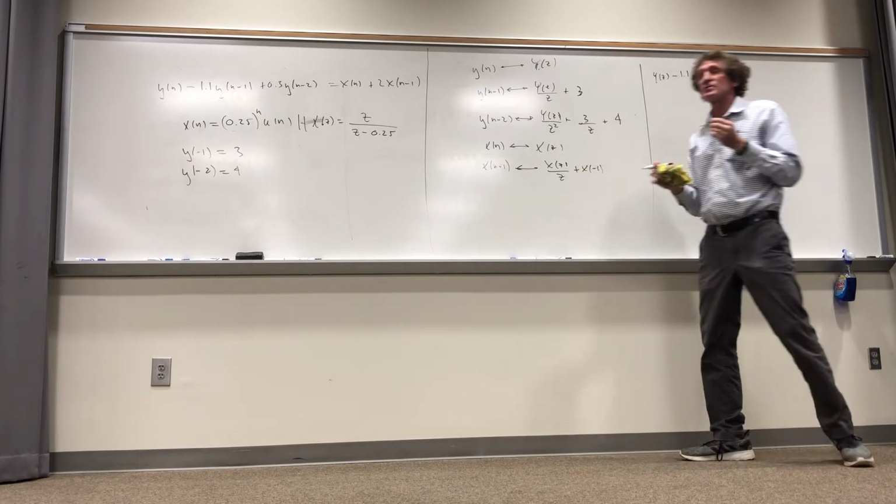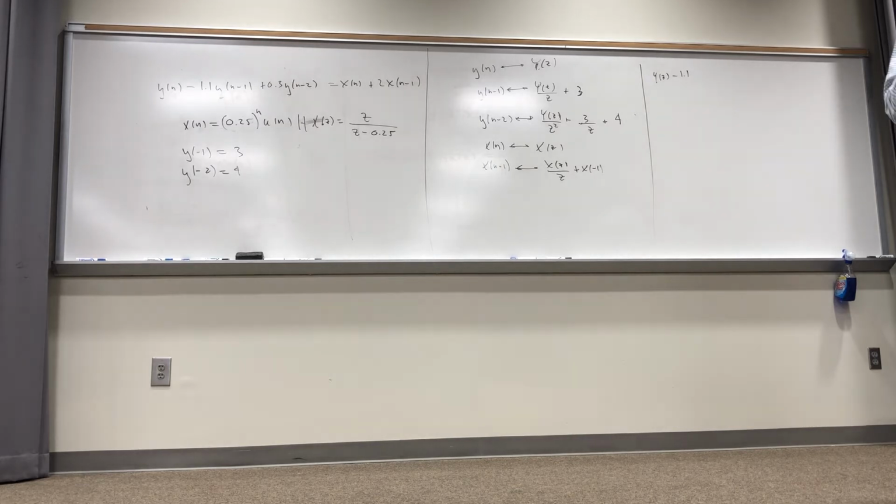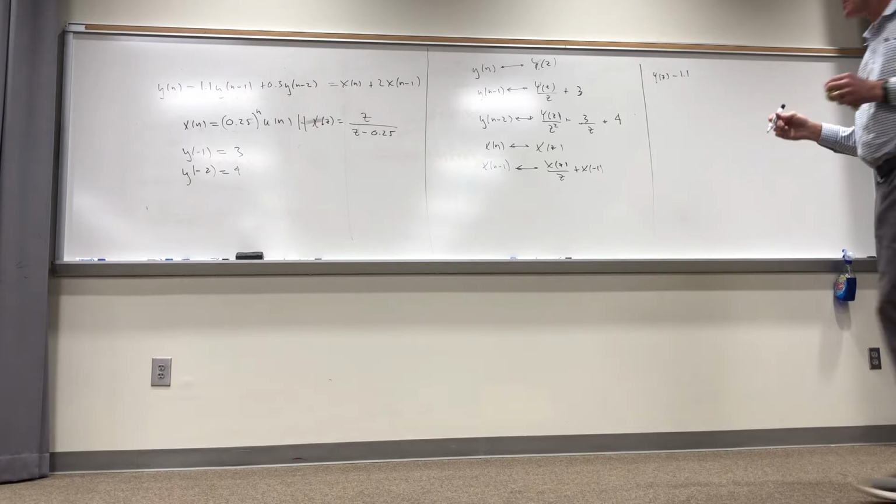Remember, the only thing I've done is replace y of minus 1 and minus 2 by the actual stated values. Those are given in the problem. How many see what I'm doing here? I'm trying to be as clear about this as I can. I don't want to rush through this and just talk about abstract stuff. I want to make sure you see this.